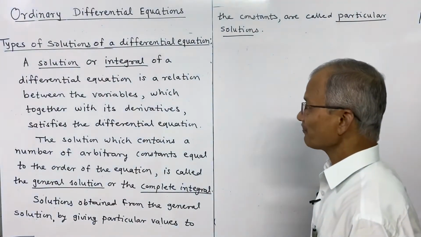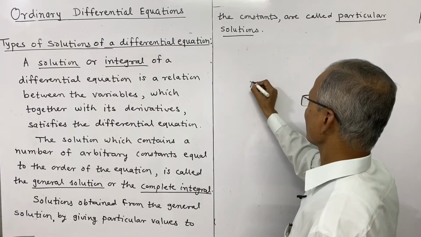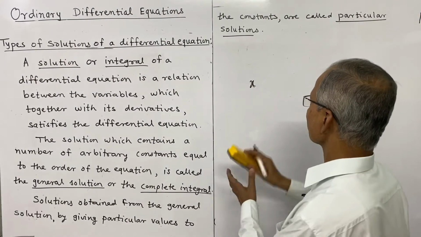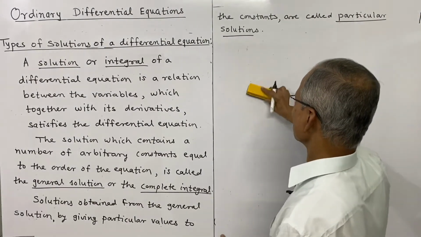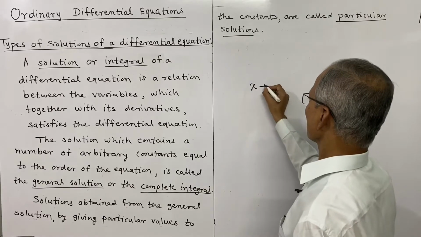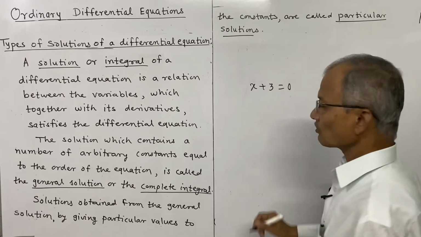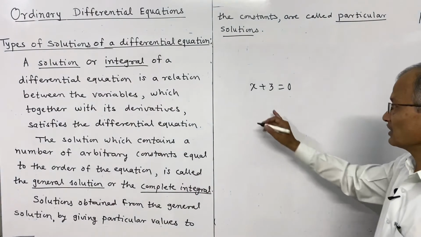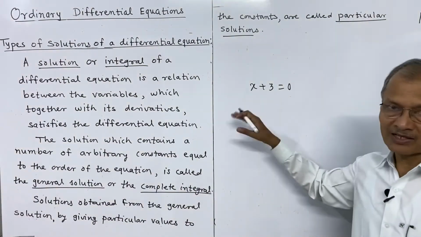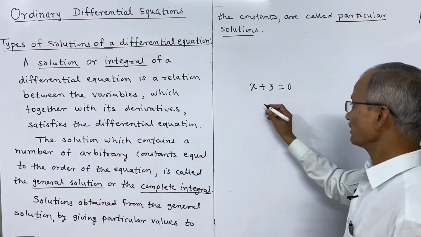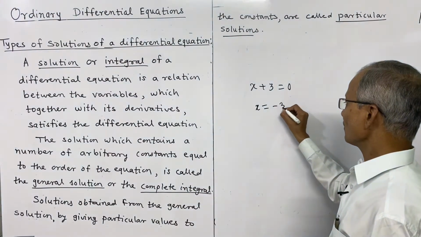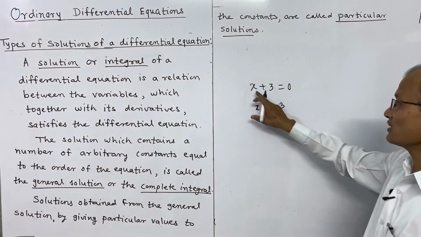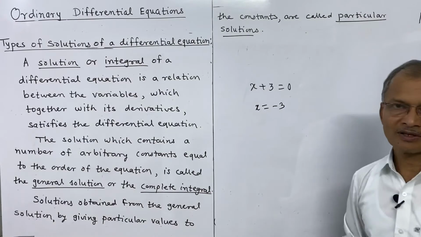If we have an equation of this form, a simple equation I shall consider, x plus 3 is equal to 0, what is the solution of this equation? We say that the value of x which satisfies the equation, and clearly it is x is equal to minus 3. If you put x as minus 3, then this equation is satisfied.